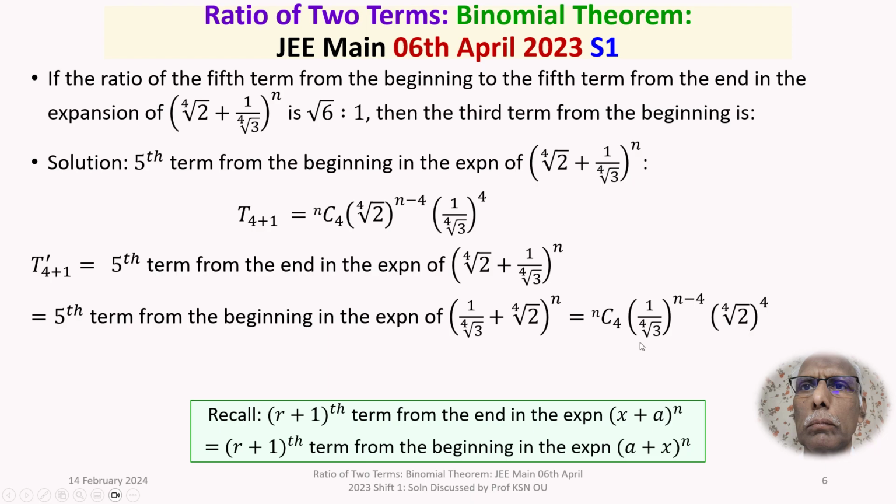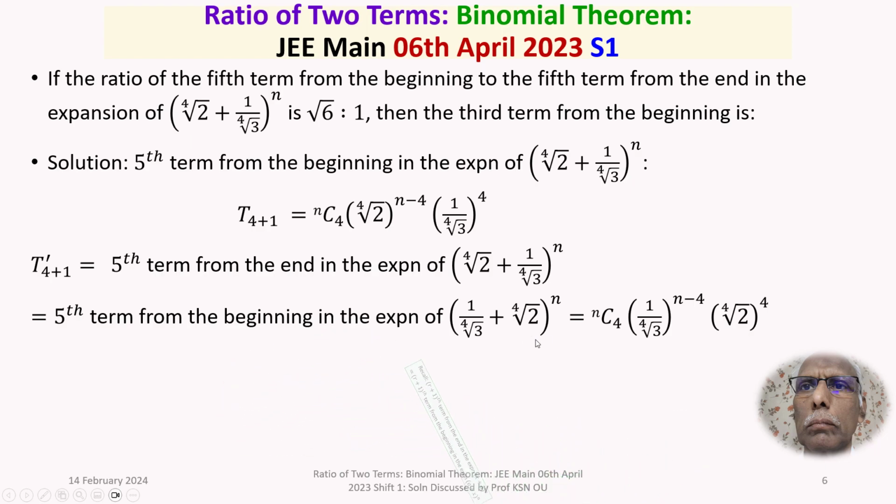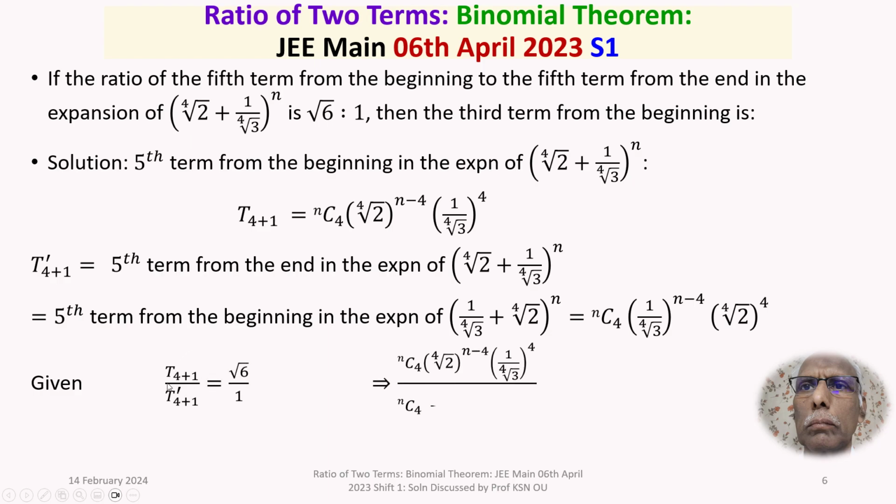Now it is given that T4 plus 1, the fifth term from the beginning, by the fifth term from the end is equal to root 6 by 1.